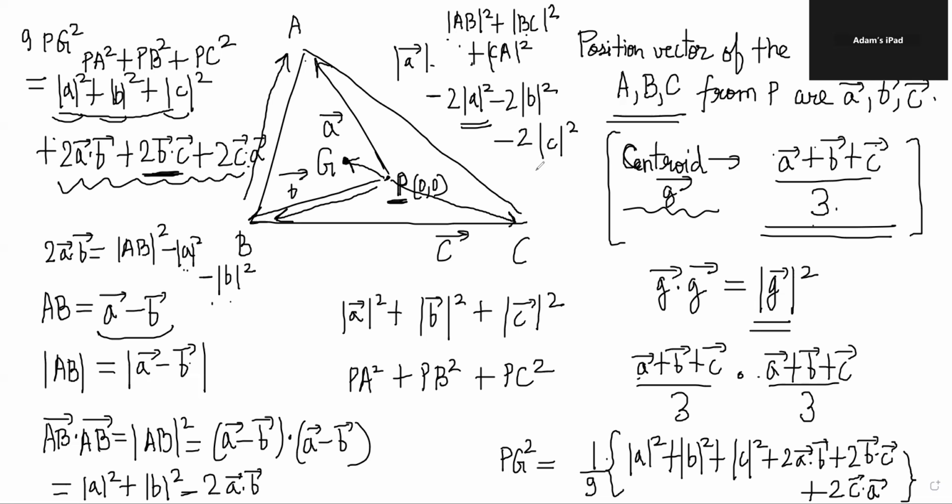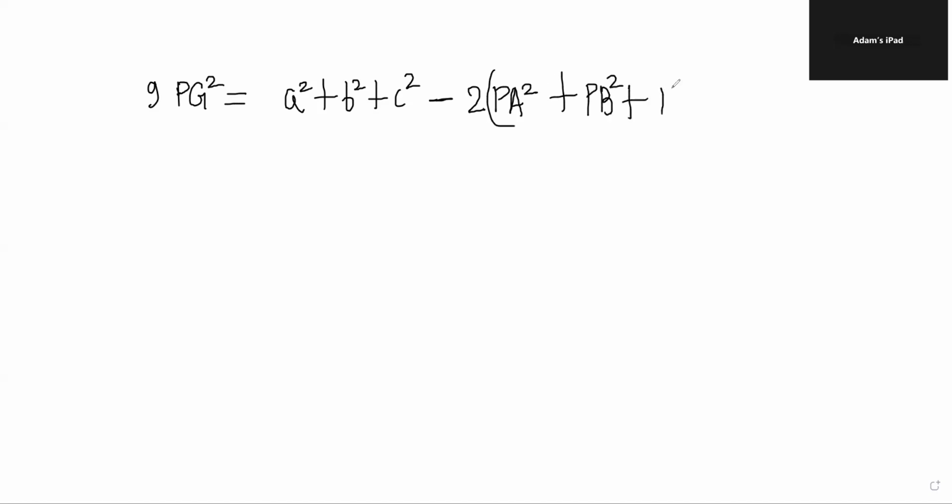So what I'm getting is finally 9 PG square is equal to A square plus B square plus C square minus 2 times PA square plus PB square plus PC square, right? Something like this I'm getting, right?